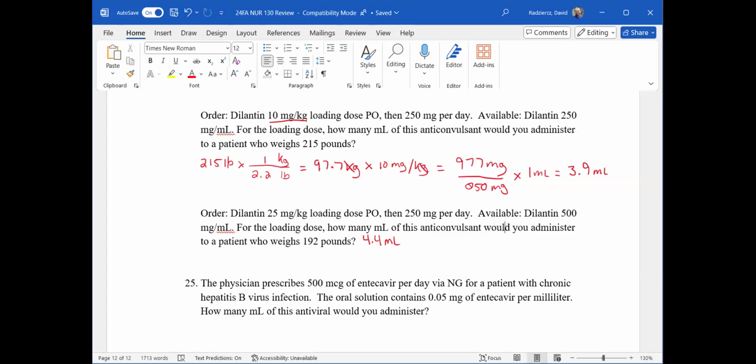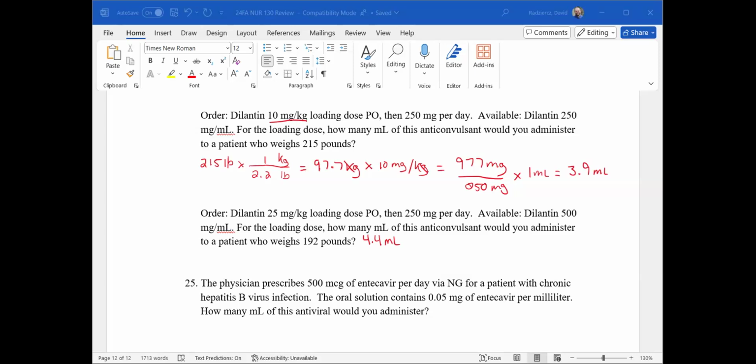Let me see if I can do the other one. I think you're right. Let me just double check. So when I do this, I just take the 0.05 times 1,000, so that way we're in micrograms.